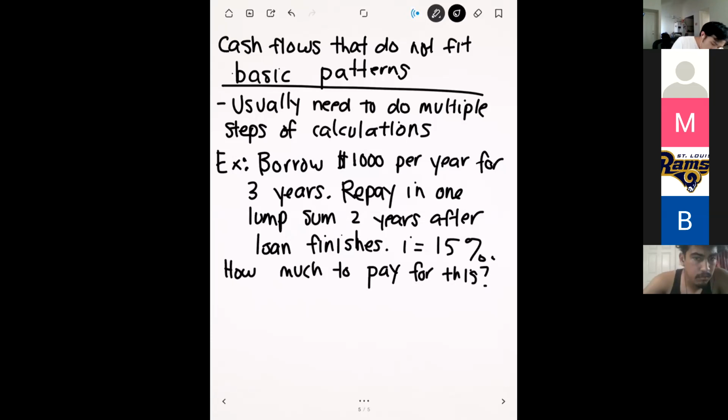For these kinds of problems with complicated cash flows, I find that it's always helpful to draw the cash flow diagram. So let's draw this.